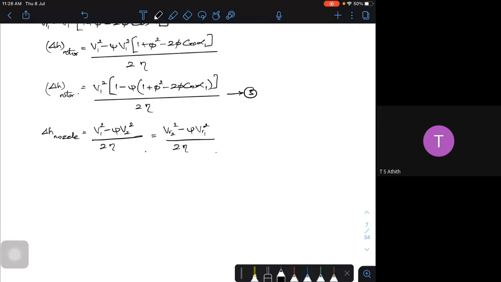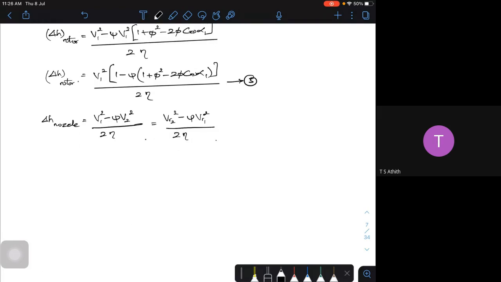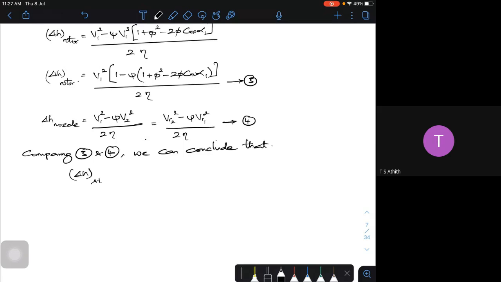Your nozzle enthalpy drop. When you compare, if I call this equation 4, comparing equation 3 and equation 4, we can conclude that delta H of the stator or nozzle is equal to delta H of the rotor.